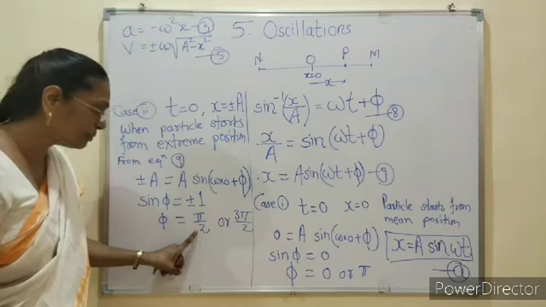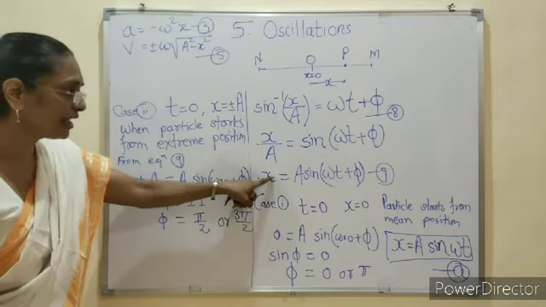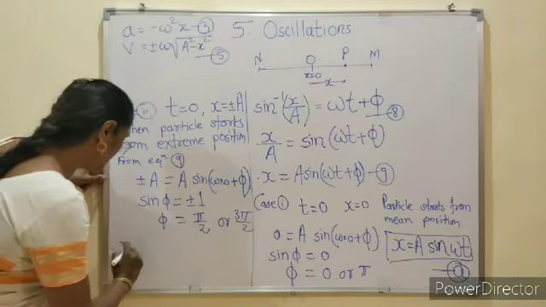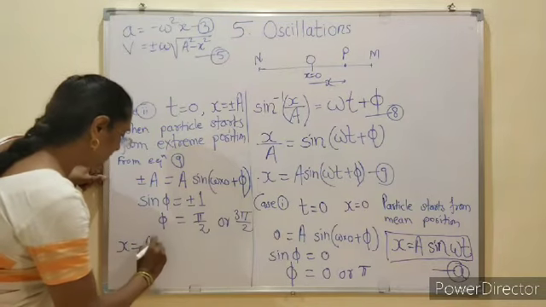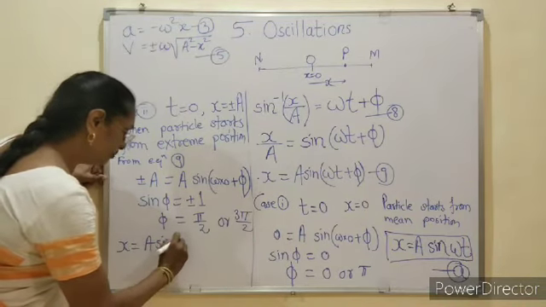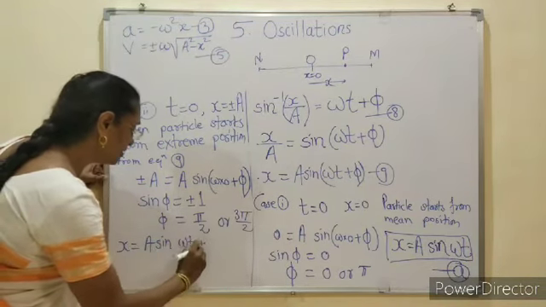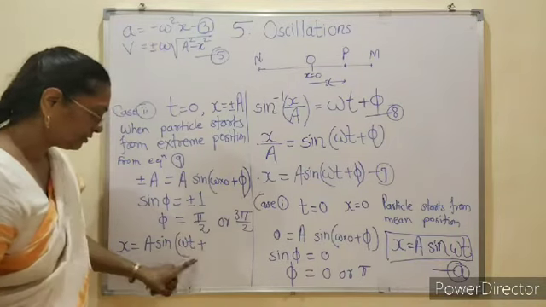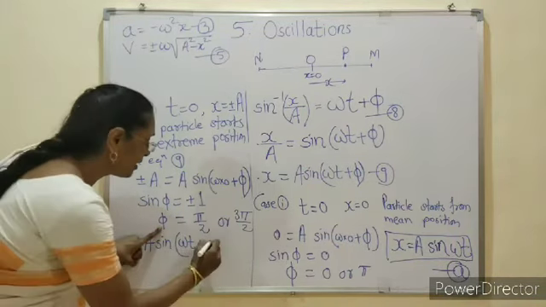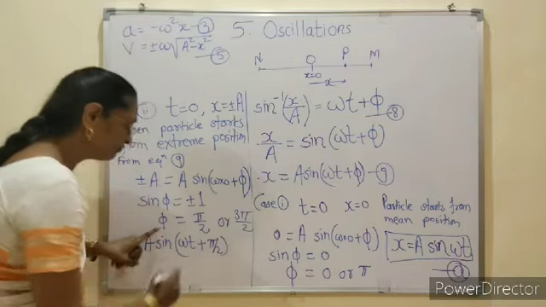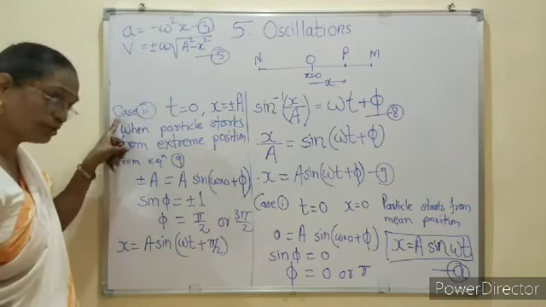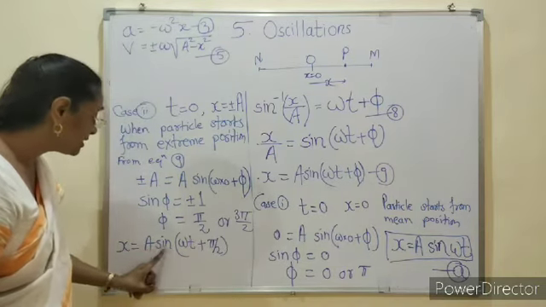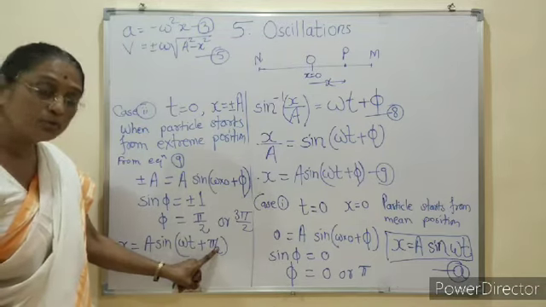So if we substitute pi by 2 in equation 9, we get x is equal to a sin(omega t plus pi by 2).